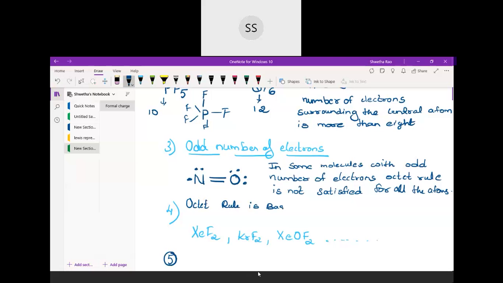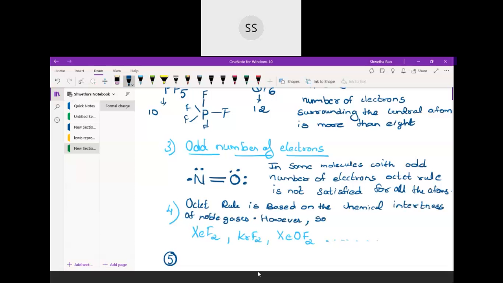Octet rule is based on the chemical inertness of noble gases, but however some noble gases also combine with the oxygen and fluorine to form number of compounds.